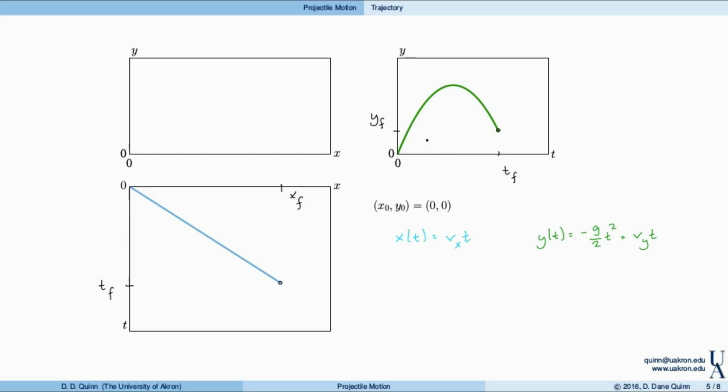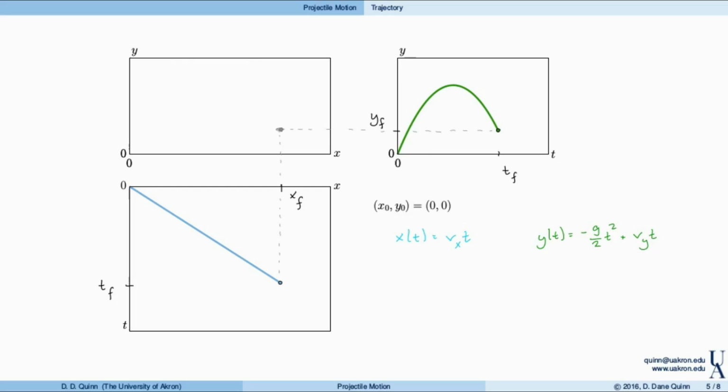Now, if I would like to construct a plot of the trajectory, what I can do is take, for example, the horizontal motion at the final time, and I can pull that all the way up to this plot for the trajectory. Likewise, I can take the vertical motion and I can move that across.